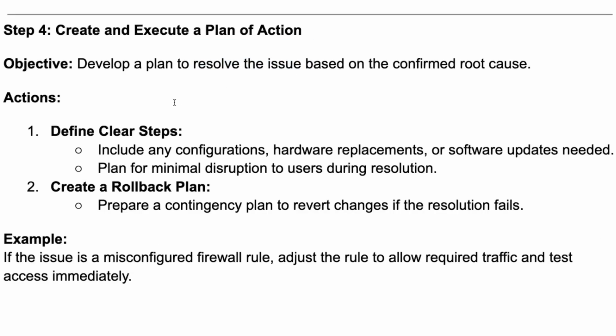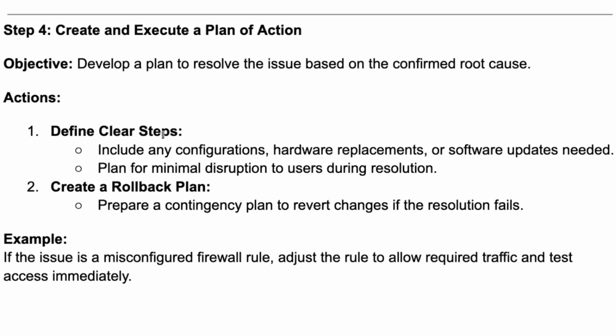We've gone from identification, we've isolated the problem by doing various tests, and now we are going to develop a plan of attack, a plan of action to actually go ahead and resolve this issue. And this is based on the confirmation of what those root causes are. So you've done a lot of testing, you've eliminated all of the incorrect possibilities, and you know exactly what the problem is. And now you can develop a plan of action.